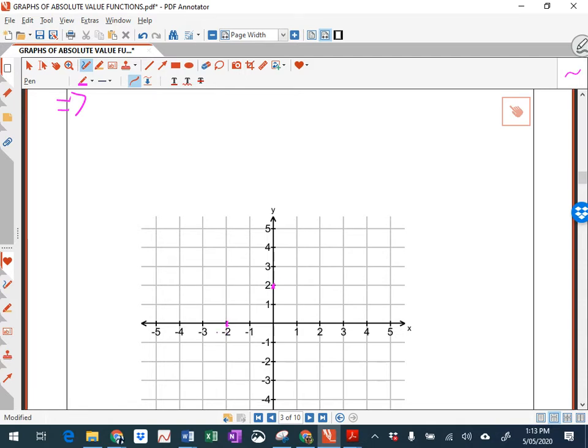Okay, so I'm going to sketch that line. So basically you get your ruler, you line it up, okay, and you draw a line through those points for x bigger than or equal to negative 2. So there's my first half. There we go.